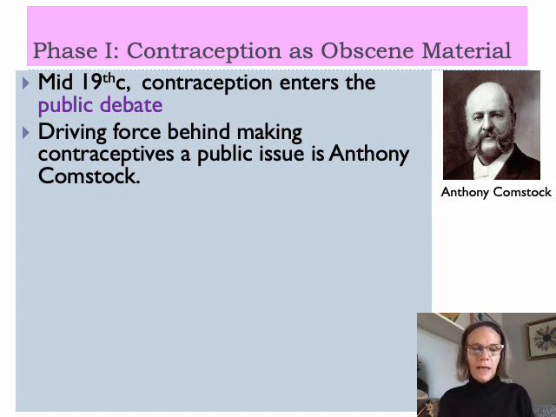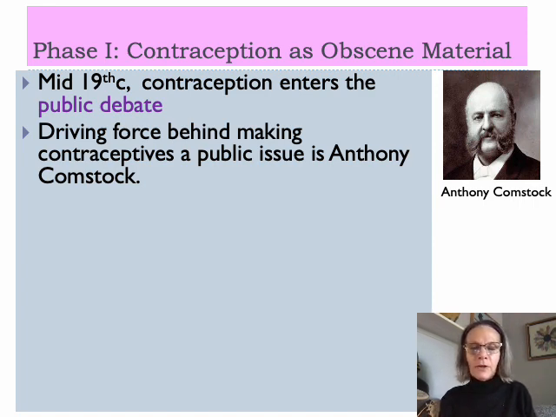So who's Anthony Comstock? Well, Anthony Comstock was born in 1844. He was raised as a strict Puritan, with a very religious upbringing. He fought in the Civil War, and then after the Civil War, he took a job in New York City.